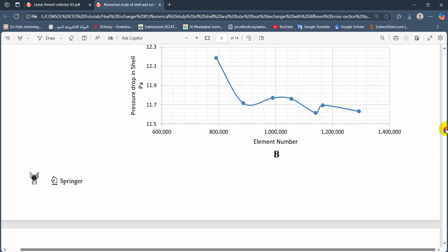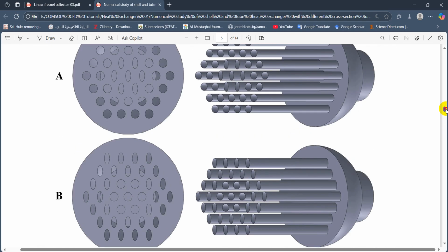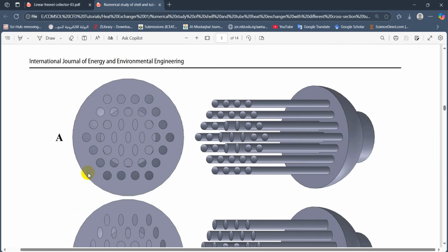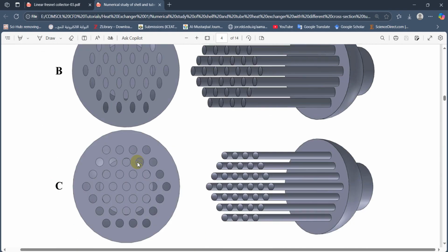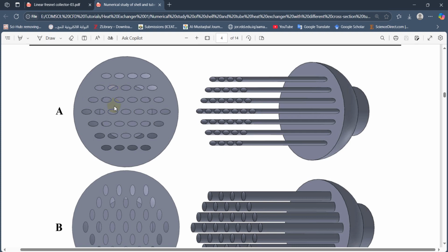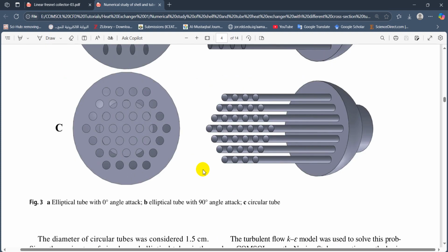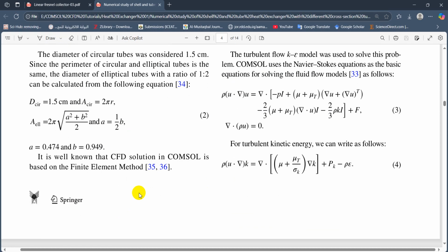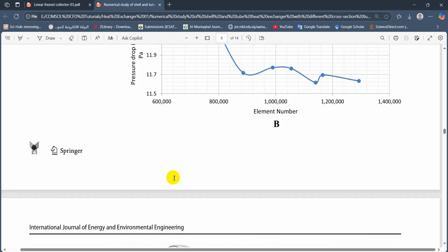Let me take you back here, sorry, this one, the horizontal elliptical, which means zero, gives a lower heat transfer coefficient.